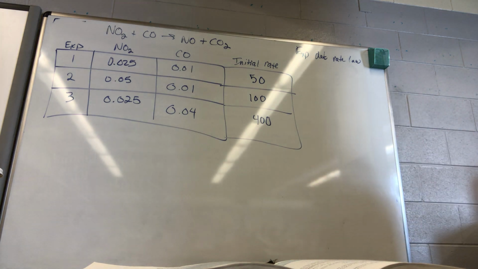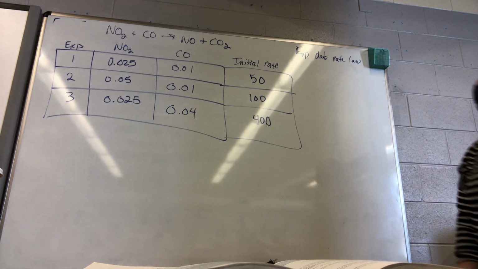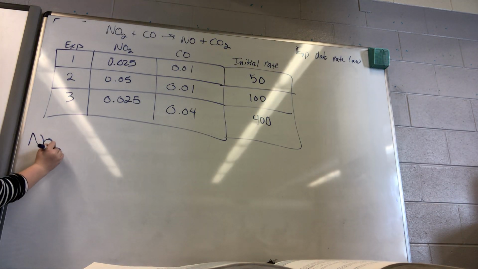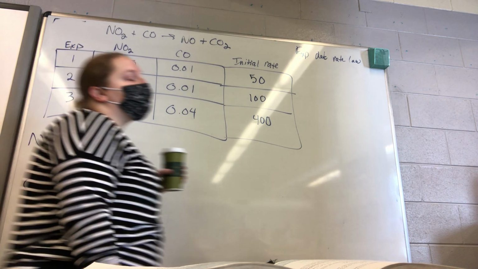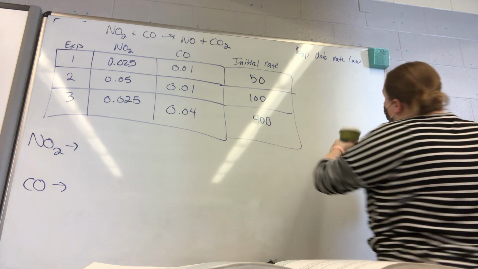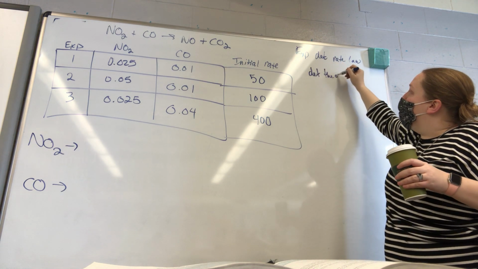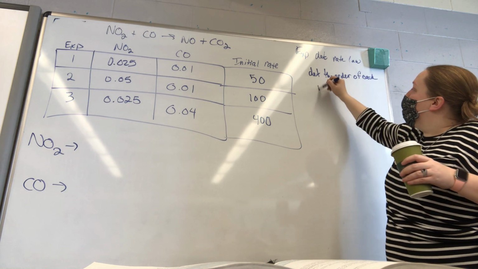All right, here we go. Give me a second. So we're going to do NO2 first. We'll do CO second. Remember that when we're trying to determine a rate law, what we're doing here is trying to determine the order of each reactant individually.